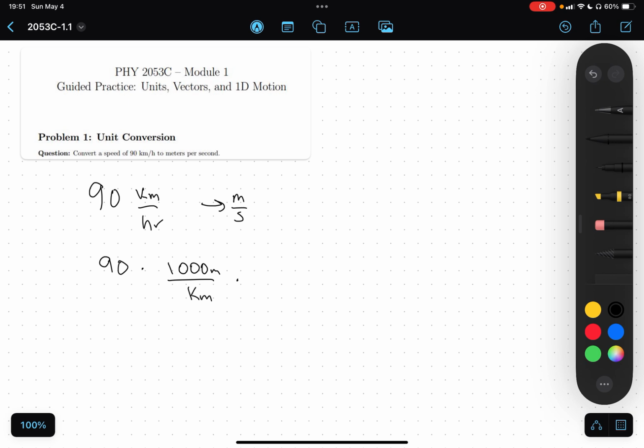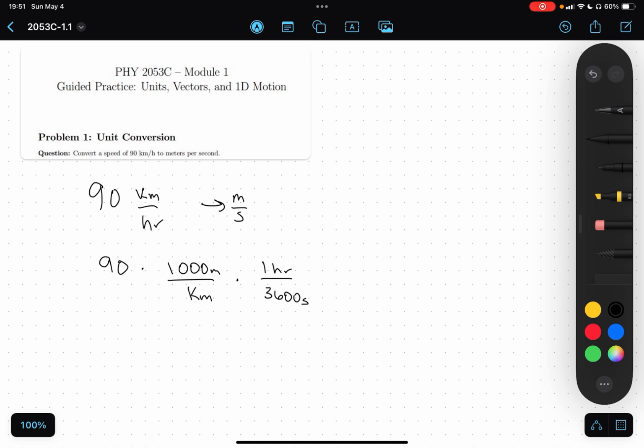And we also know that in 1 hour, there are 3,600 seconds. That's because you have 60 minutes in an hour, and then you have 60 seconds in a minute. So 60 times 60 is 3,600.